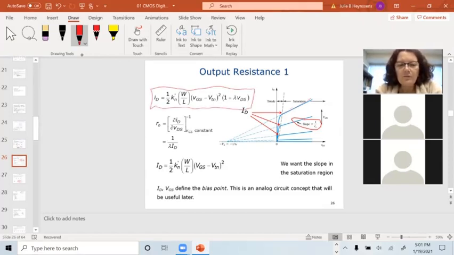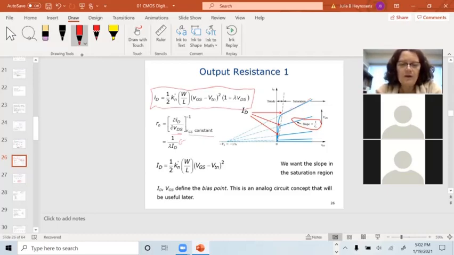If I take the derivative of that equation with respect to VDS, everything cancels out, and then flip it over. So all this part right here is just ID. And I get the lambda, and then the VDS goes away. So my output resistance is the change in VDS with respect to ID, with VGS equals constant.